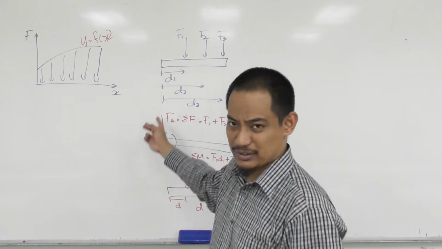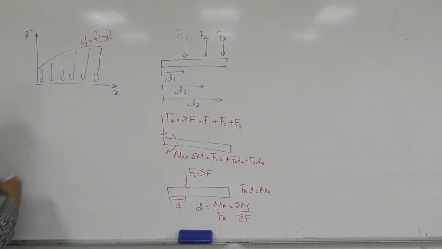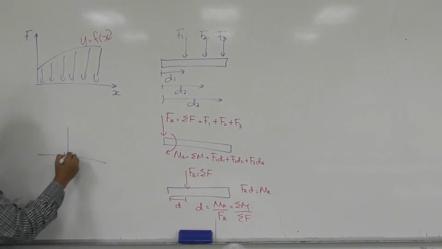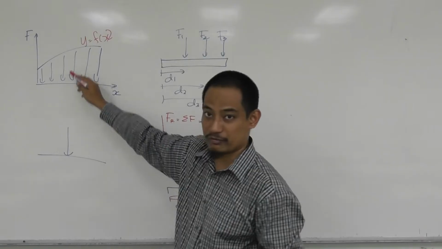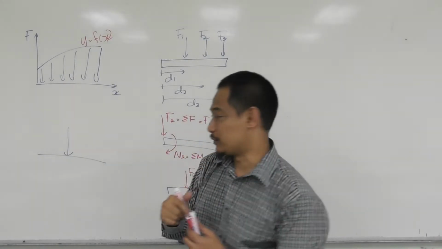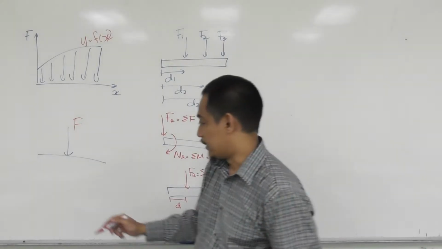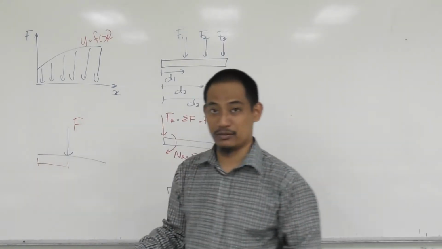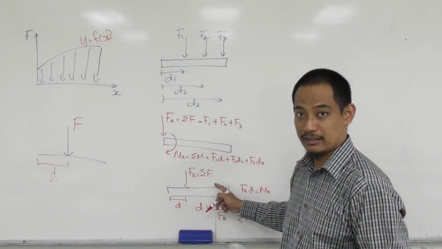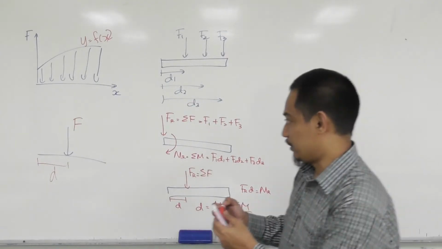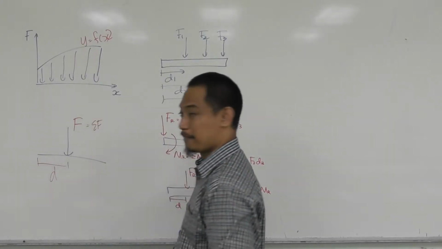If you have a distributed force like this and you want to replace it with a single force, there are two questions. One is, what is this force? And the second one is, what is this position or this distance? And that is simply just like this, right?